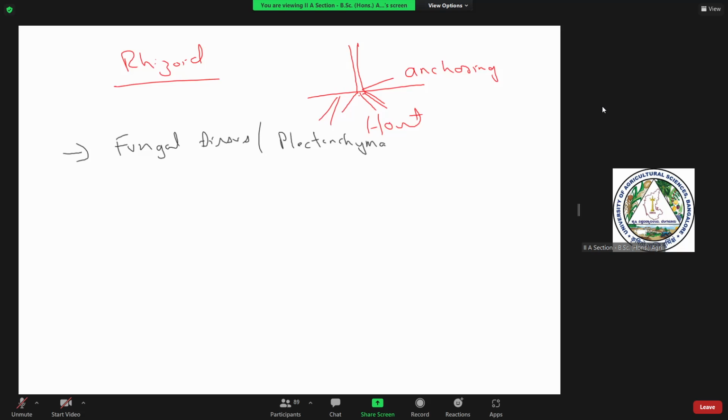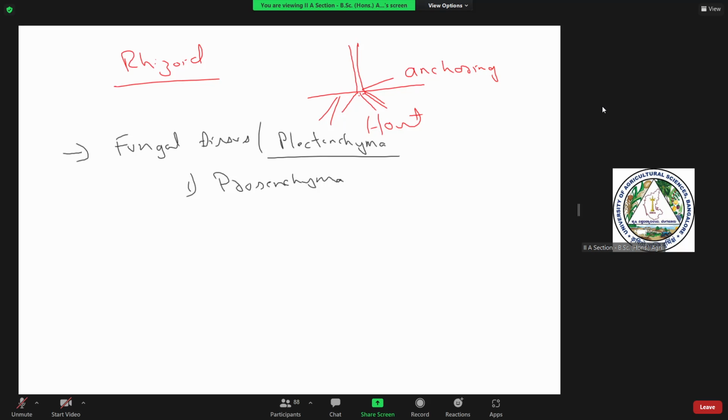Fungal tissues are also called plectenchyma, where the higher fungi organize into loosely or compactly woven tissues, which is called a fungal tissue or plectenchyma. There are two different types when we talk about fungal tissues. One is called prosenchyma.